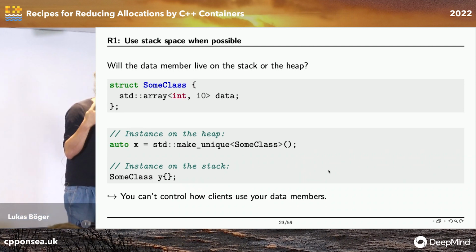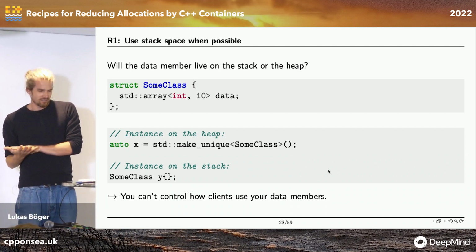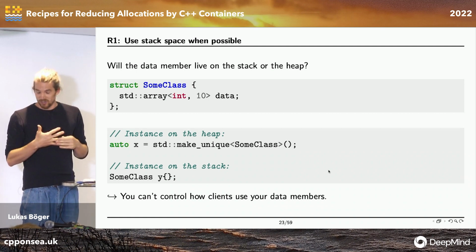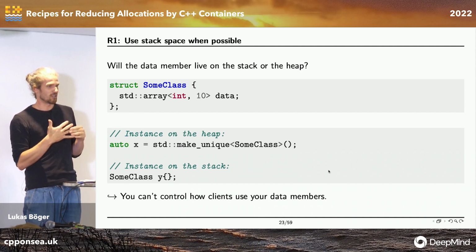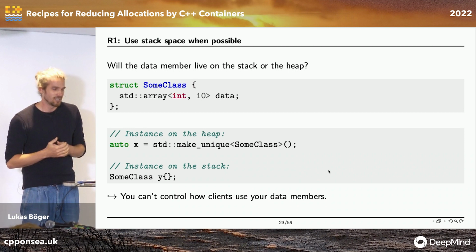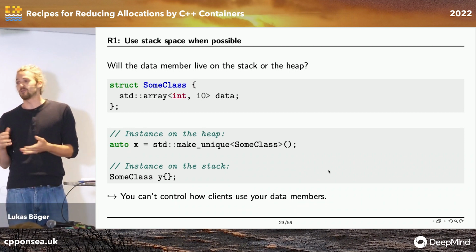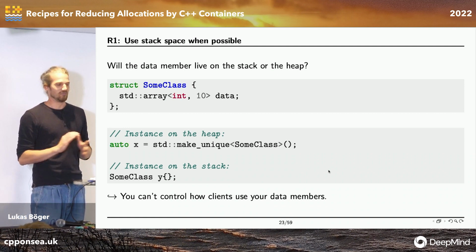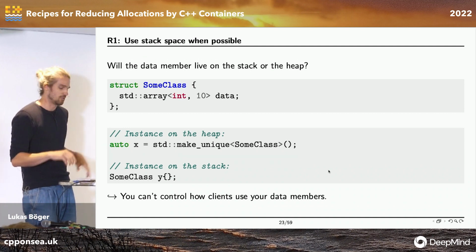So keep that in mind. You can't control how clients use your data member. That being said, in More Effective C++, there's an item on how to constrain clients from constructing your classes on the heap or force them to do that. It's a bit hacky, but I would argue when I end up needing to do that, something else is wrong. But anyway, it's good to know of the limitations of using std::array.